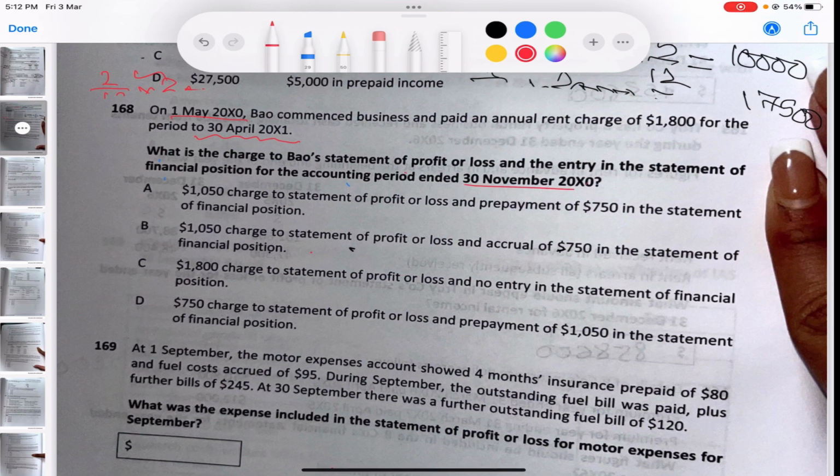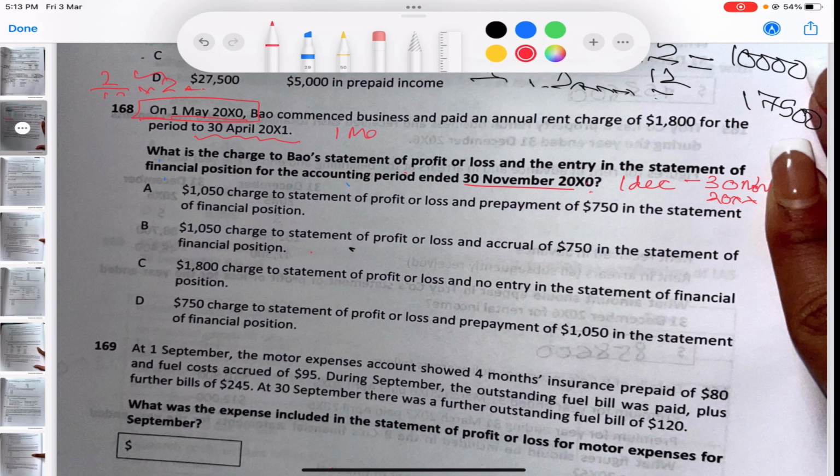So what is my year of concern? 1st December previous year to 30 November this year. That would be my year of concern, right? So Bao commenced his business on 1st May, alright, but he paid rent for the period to 30 April.